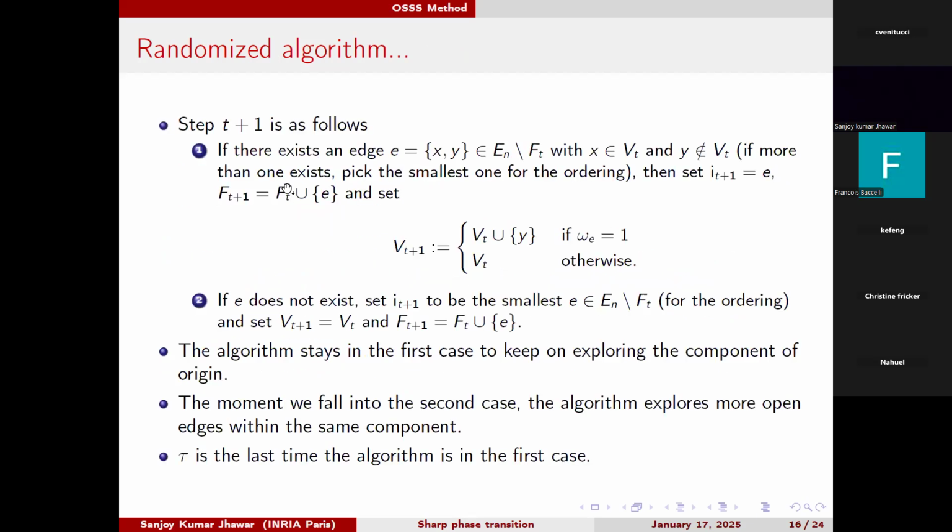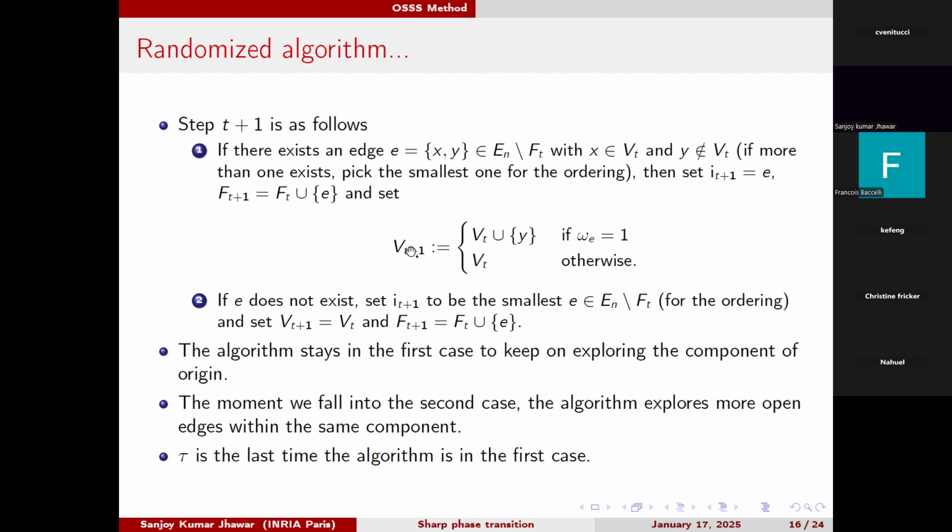Okay, and at step t plus 1, you choose an edge from the unexplored region such that one of the vertices of this edge is already explored, but the other one is not explored yet. If such an edge exists, there can be more than one. At the beginning we said that you can define a partial ordering on the set of edges, and then you can choose the smallest edge of this ordering if there exists more than one edge like that.